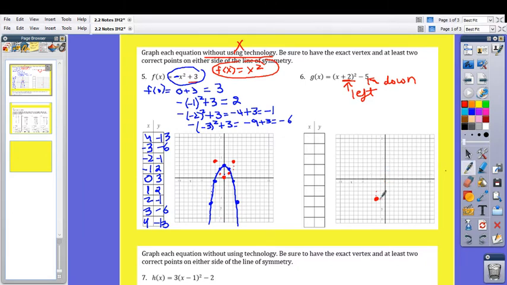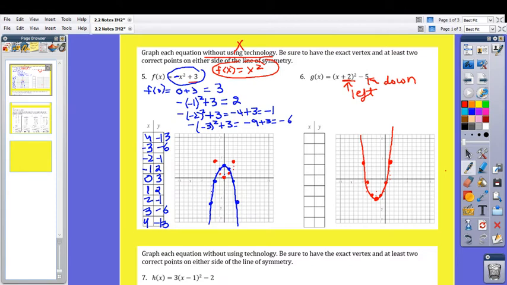So we will be going 1 up for the next points, okay, and then 3 up, 1, 2, 3, and then the next point will be 5 up. So 1, 2, 3, 4, 5. So right here, and then on the other side also right here, and then you connect it, and this is how your parabola looks.